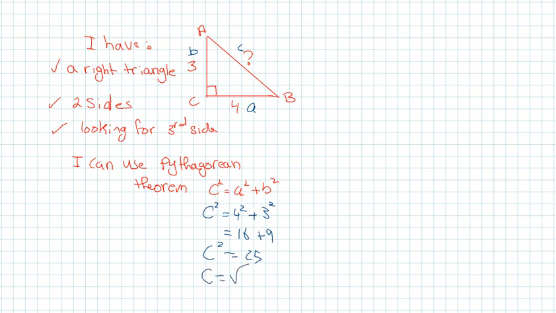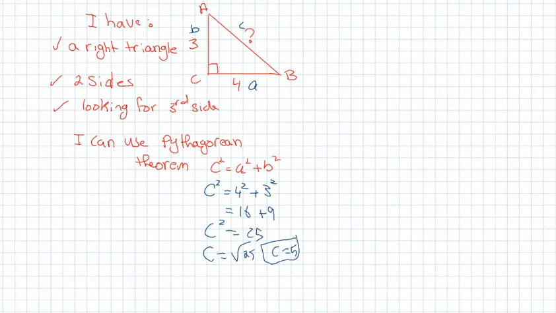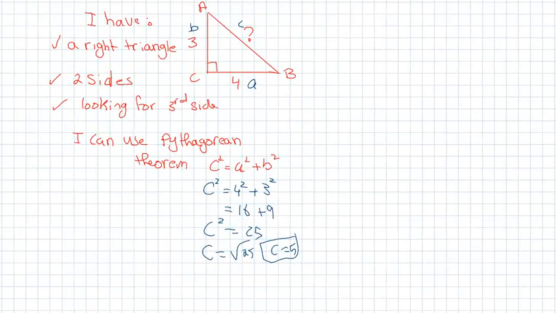So c equals 5, and I'm done. Remember that I must have the three checks: a right angle triangle, two sides, and looking for the third, to be able to use the Pythagorean theorem.